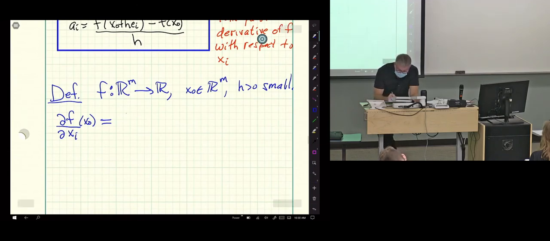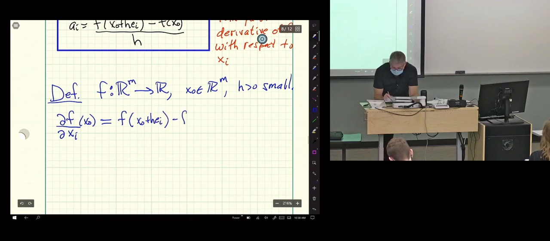So this is equal to f of x0 plus h Ei minus f of x0 over h.